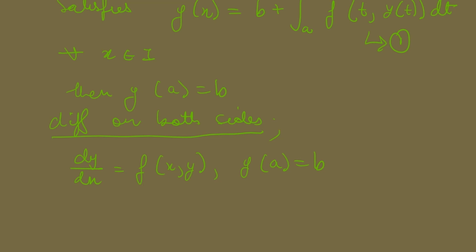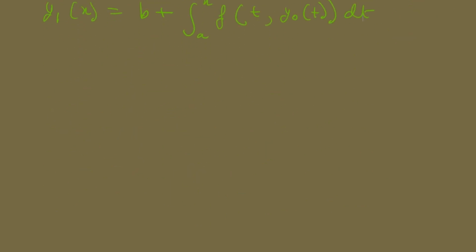So for solving this equation, we will have to start with y0. Then y1 of x will be b plus the integration from a to x of f of t comma y0 of t dt.